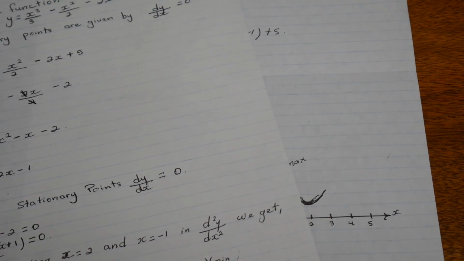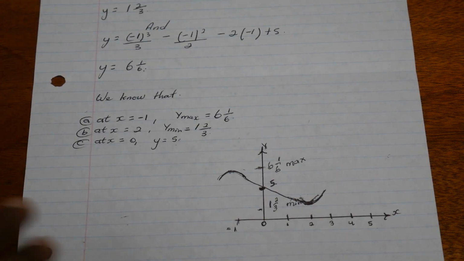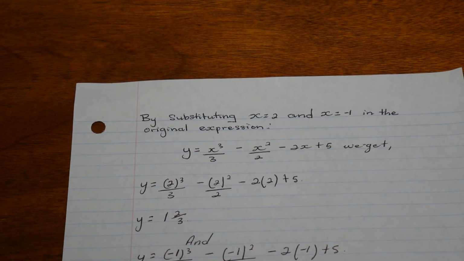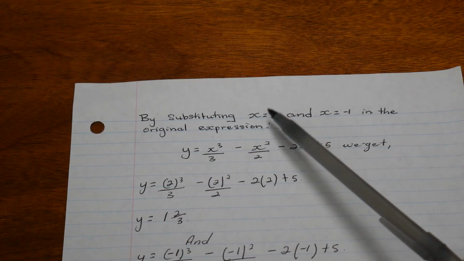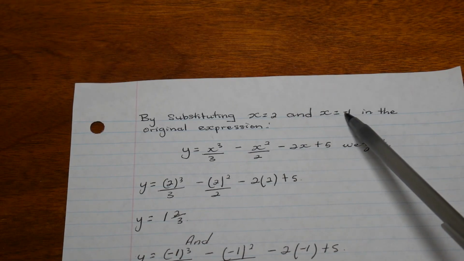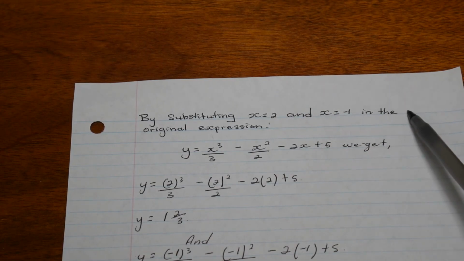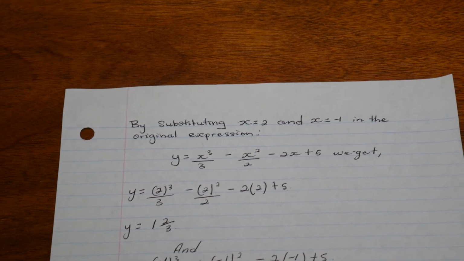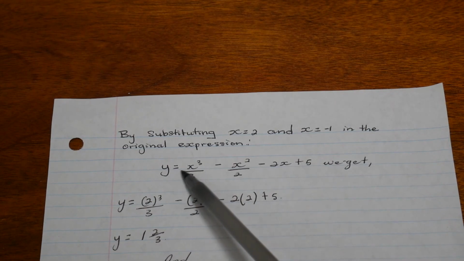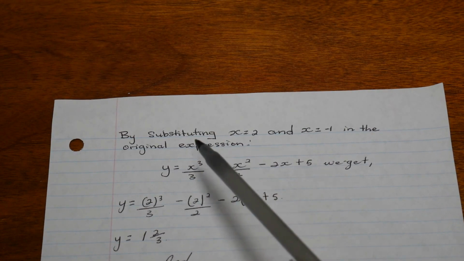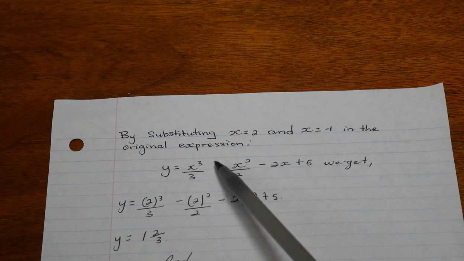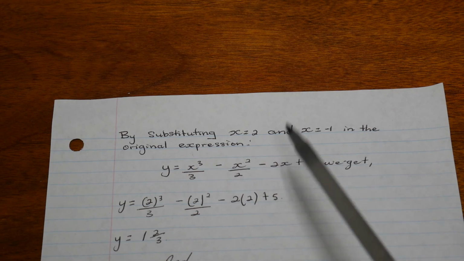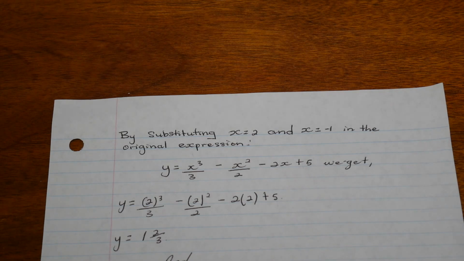In this case, the next step is to substitute the turning points, which is x is equal to 2 and x is equal to minus 1, in the original expression. The original expression is y is equal to x cubed upon 3 minus x squared upon 2 minus 2x plus 5.